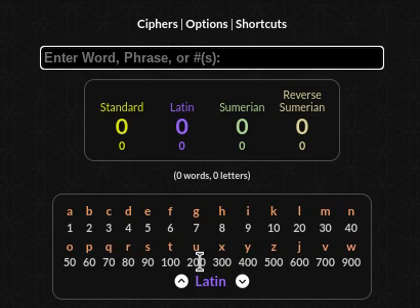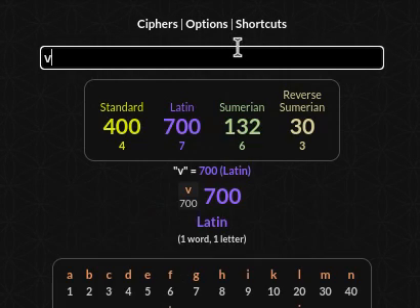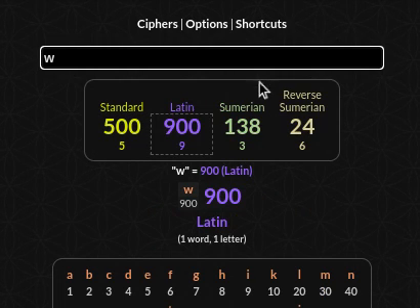So now you have 200, 300, 400, 500, 600, and then the last one right here is actually a 200 difference. So V would be 700 in this cipher, and then W is 900.